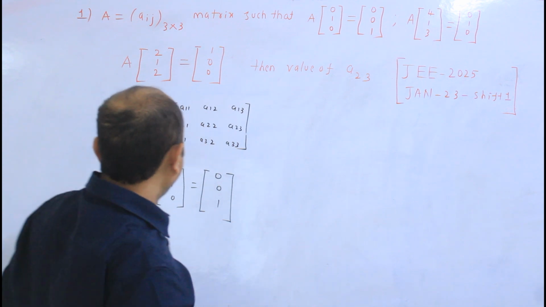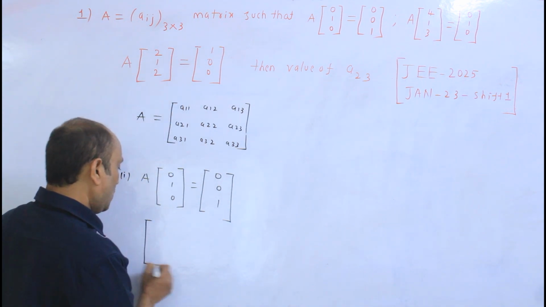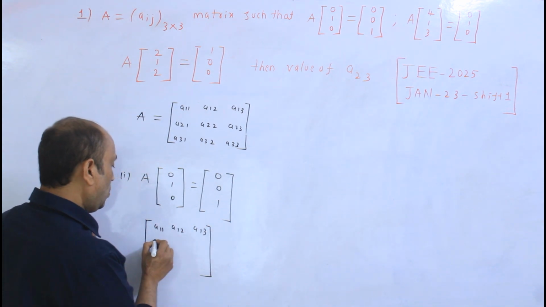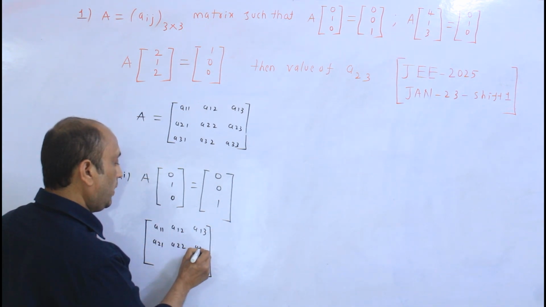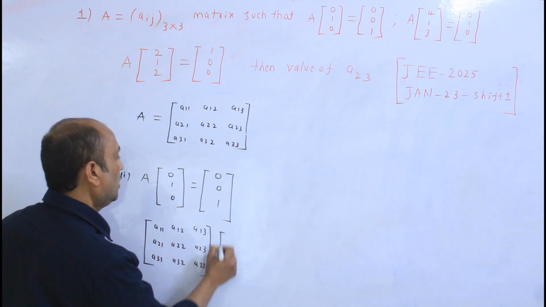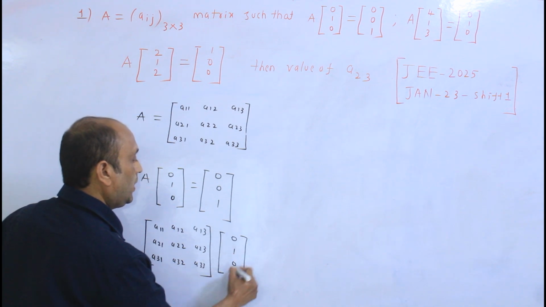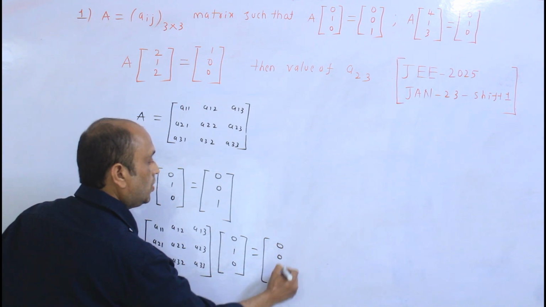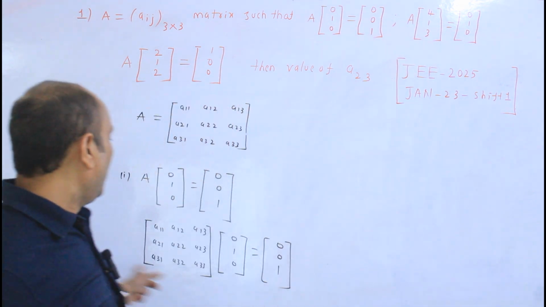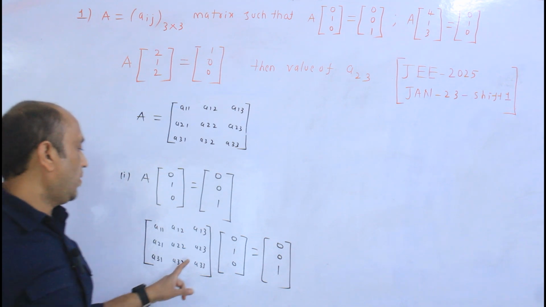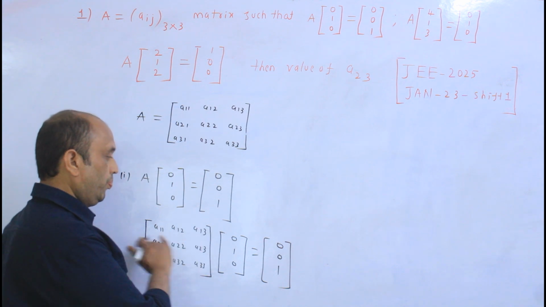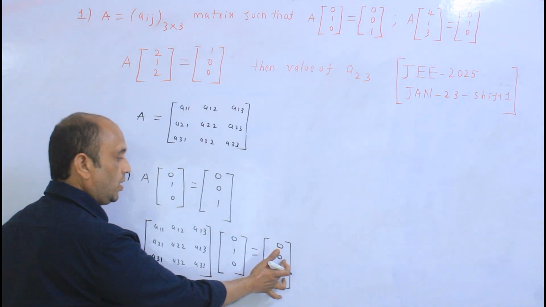A is the matrix A11, A12, A13, A21, A22, A23, A31, A32, A33, multiplied by (0,1,0), equal to (0,0,1). Here there is no need to multiply the complete matrix, because if you want to find only A23, just select the second row and equate it to the second entry.